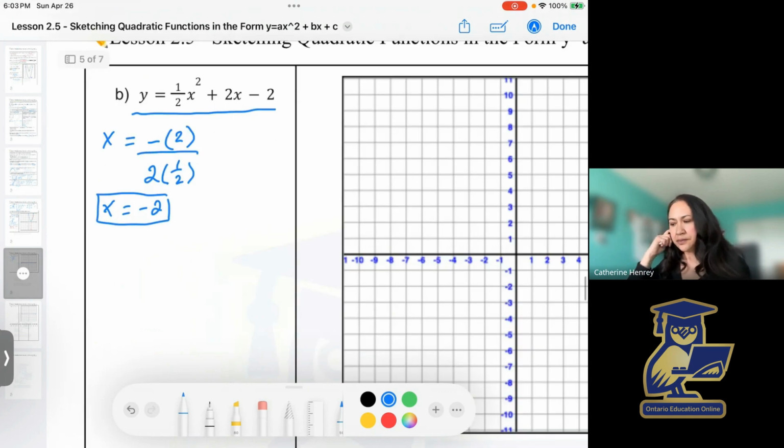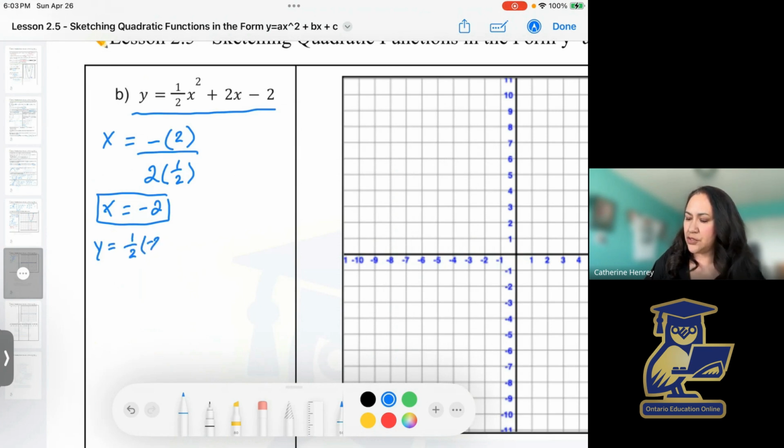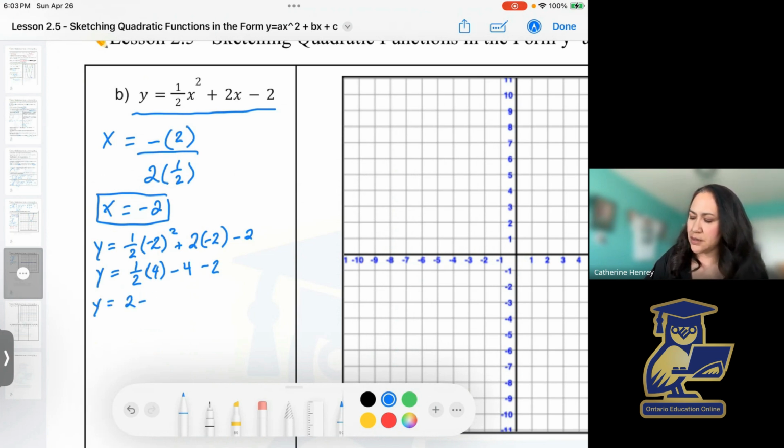Let's find the y value of the vertex. So y is equal to 1/2 times (-2) squared plus 2 times -2 minus 2. So this is y equals 1/2 times 4 minus 4 minus 2. y equals 2 minus 6. y equals -4.